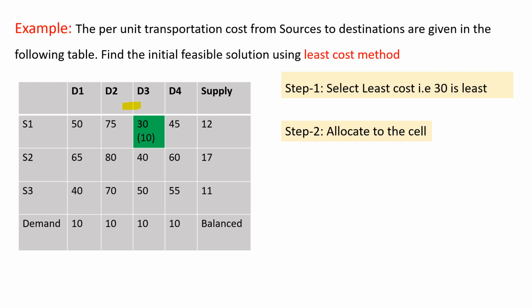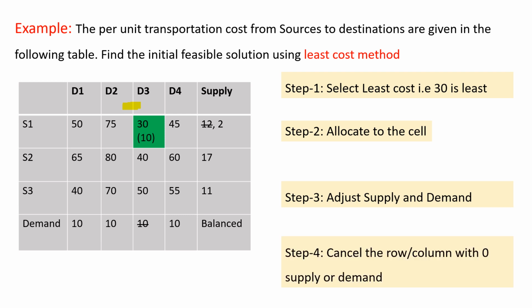So 10 is assigned, and we have to adjust the supply and demand. 10 is cancelled, and 12 minus 10 leaves a remainder of 2, which is unassigned.